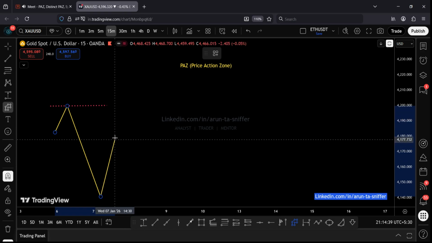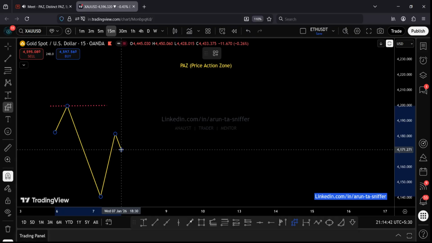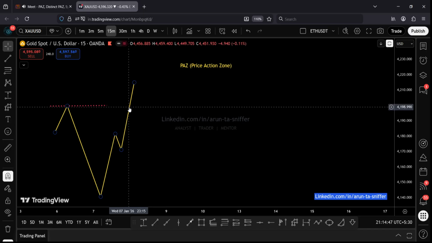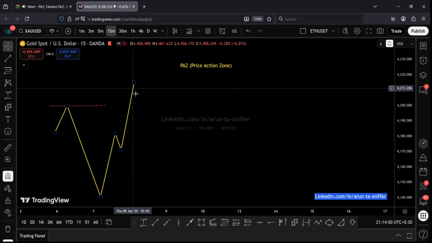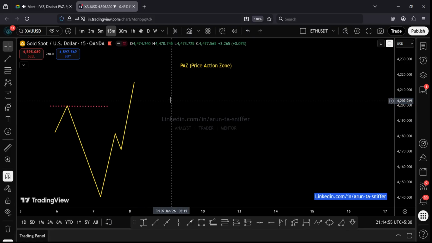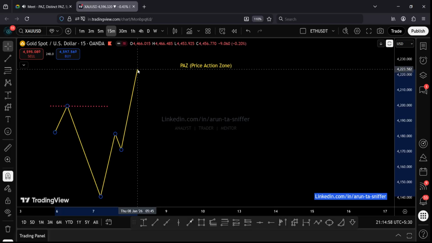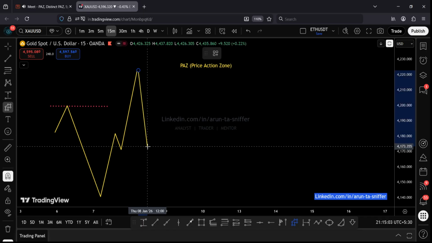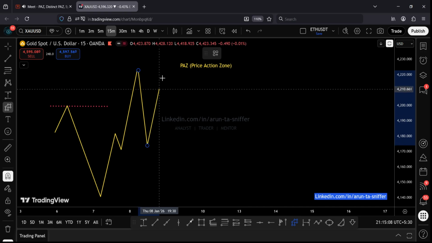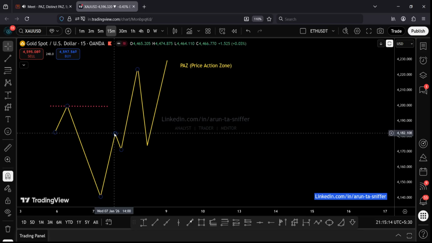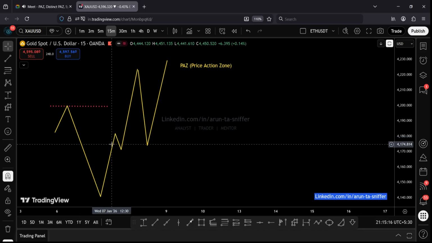Price will have to make some decision here and then break this with a high momentum candle. So in this case two things may happen. The first is price comes back to this point from where it goes up and then goes up again, like this: goes up, comes down, then goes up again.